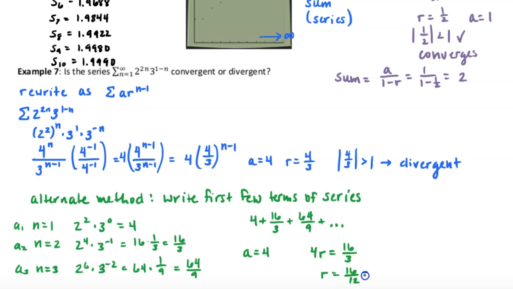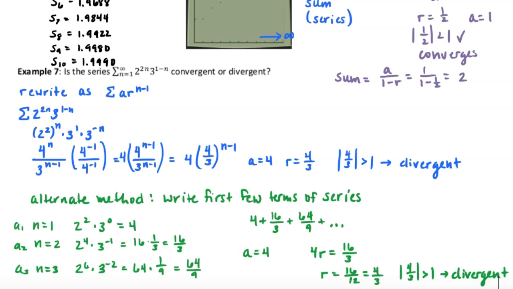Dividing the numerator and denominator by 4, I get that R is 4/3. Same thing I found above by rearranging this. Either way, because R, the absolute value of 4/3, is greater than 1, I get the same conclusion, that this is divergent. So just another way you can go about this.